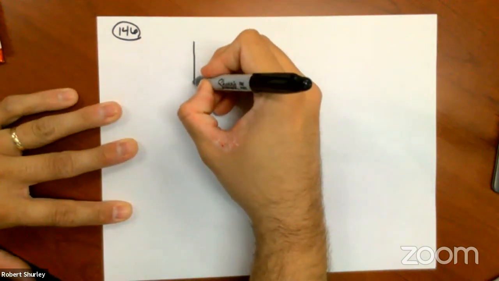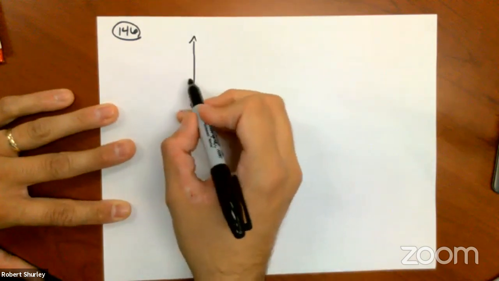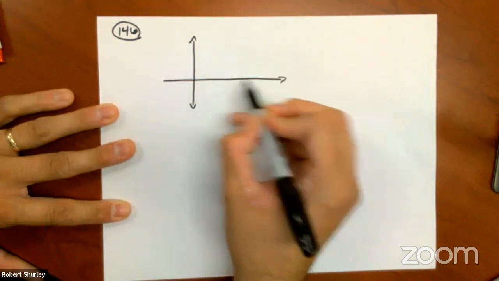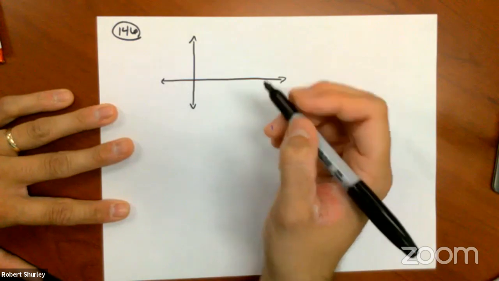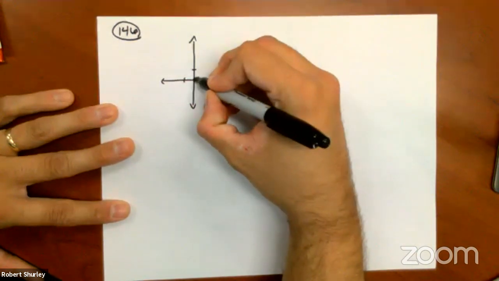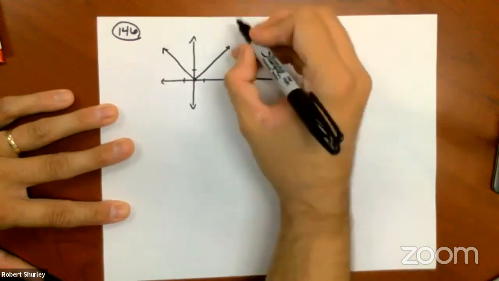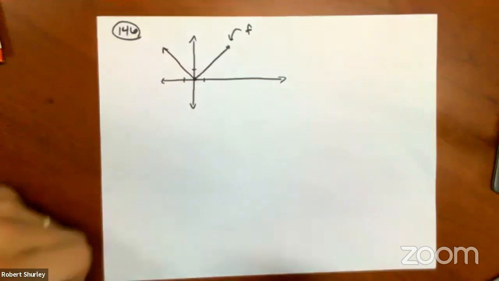Okay, so we're going to find g. First I'm going to graph f. If you don't have the book, I'm going to show you what this looks like. So let's see. We've got what looks like an absolute value parent function. That's our f function.